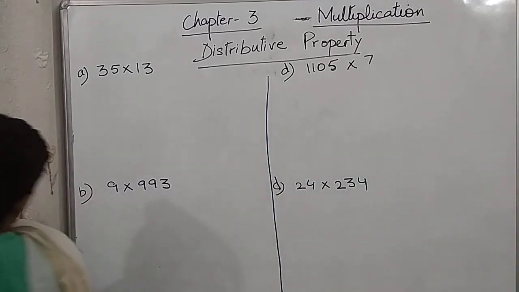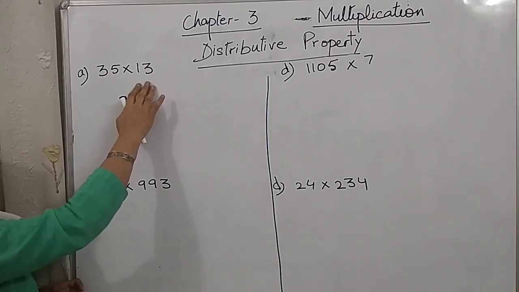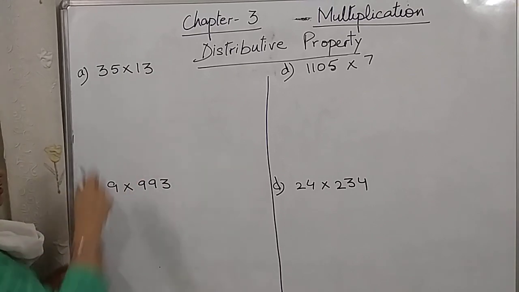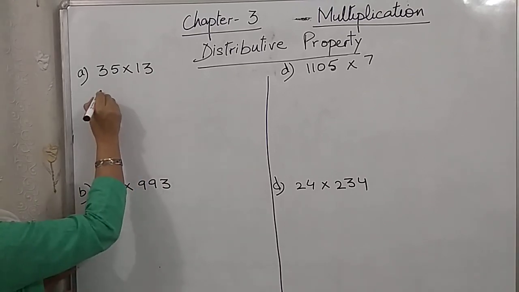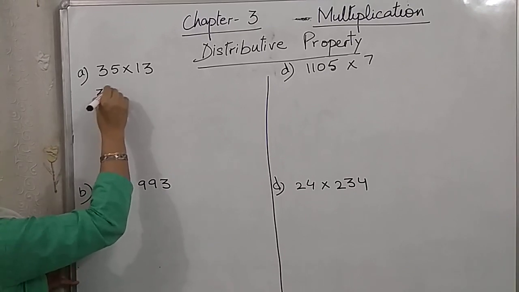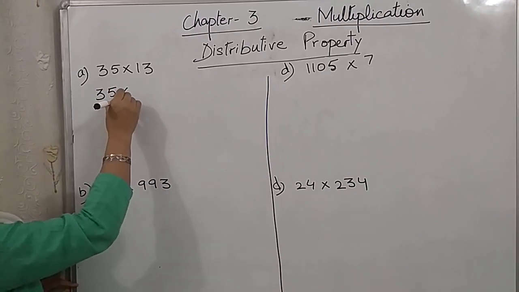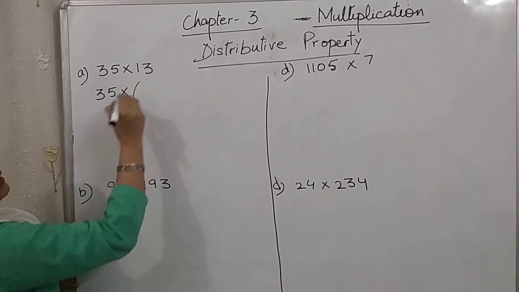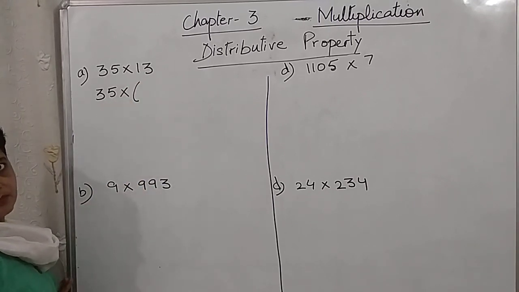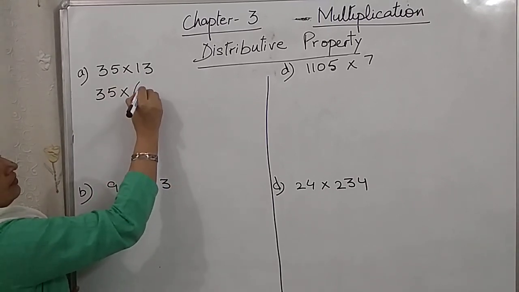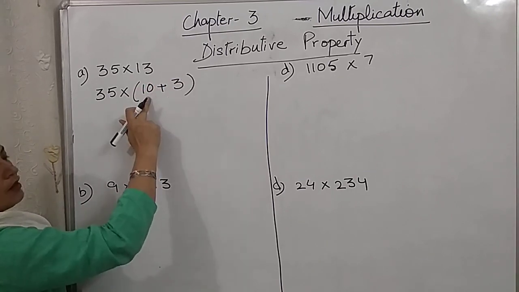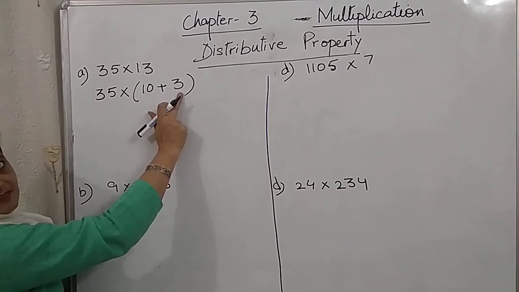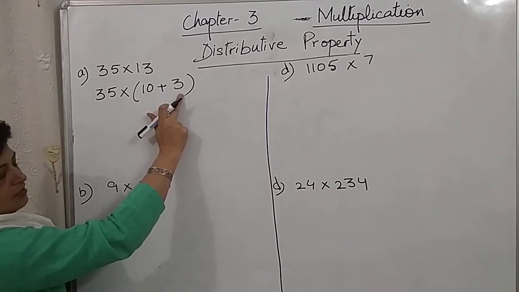Now in this case, I believe if we break this number 13, our solution will be easier. How can we do it? 35 multiply by. Whenever you break the number, it has to be written in bracket. This can be written as 10 plus 3, a multiple of 10 and a single digit number.